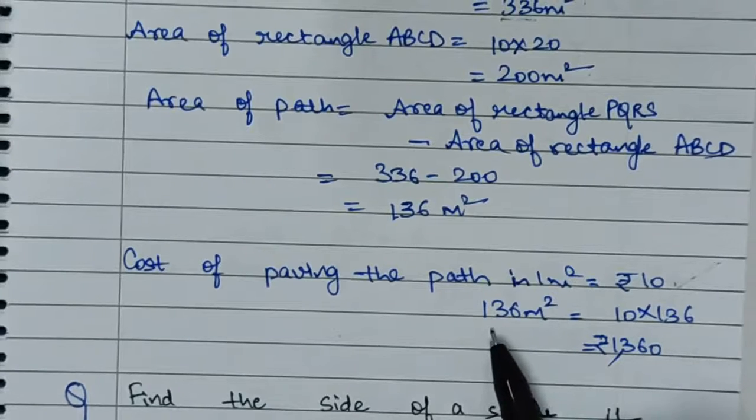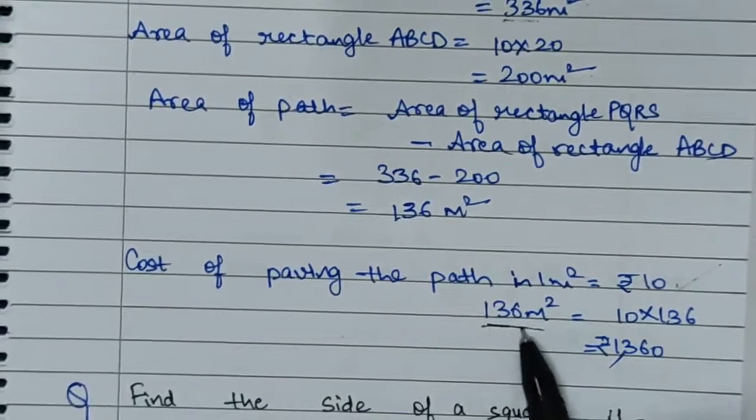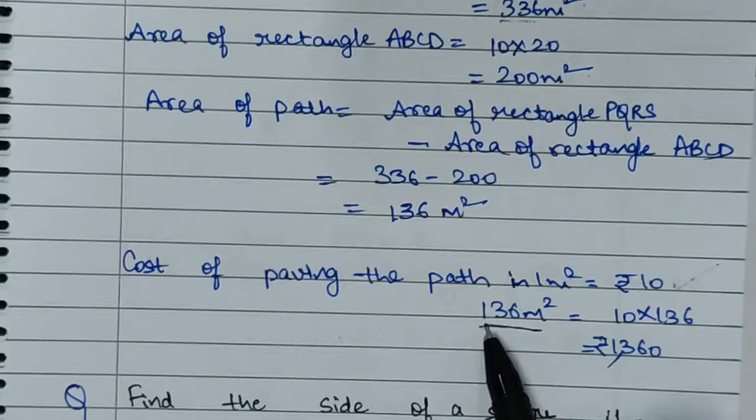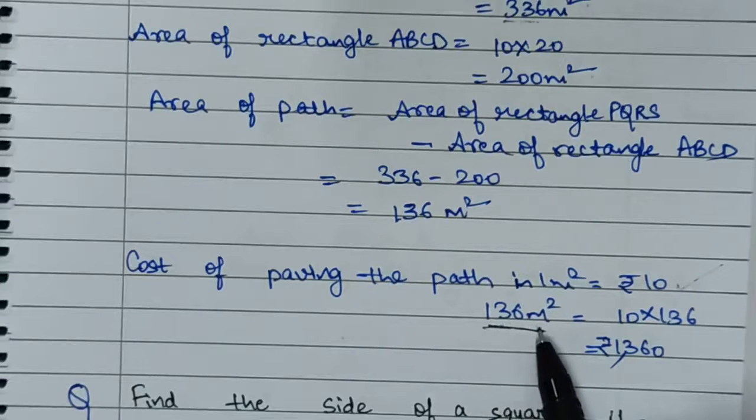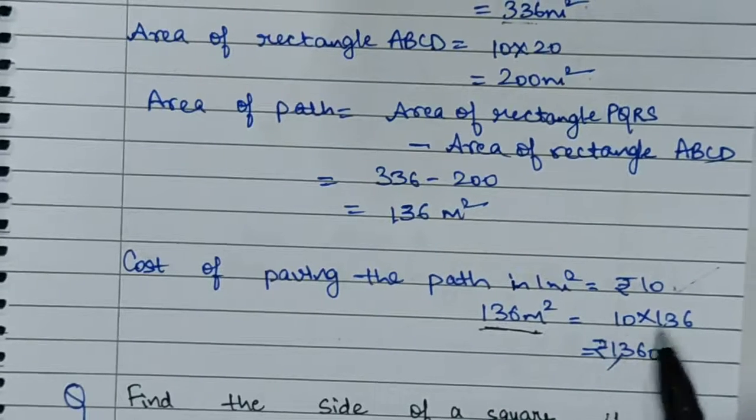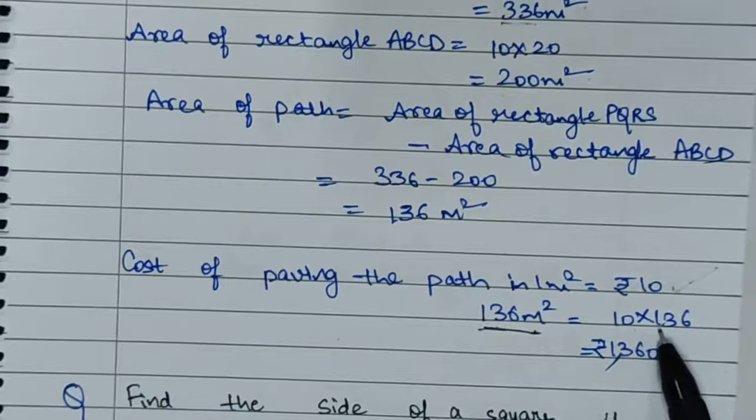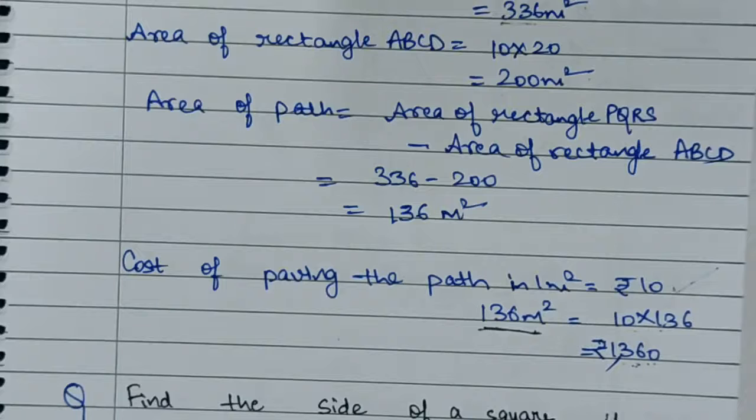And area of path we have already found out, that is 136 meter square. So we will multiply it with 10. So we get 1360 rupees. Now this is the total cost for paving the area of path.